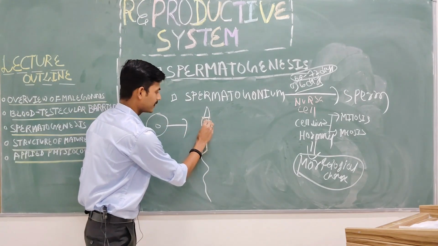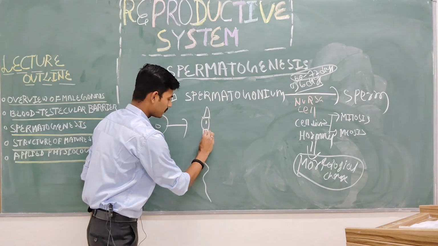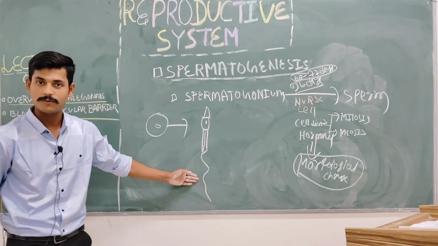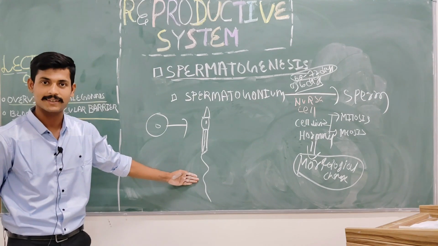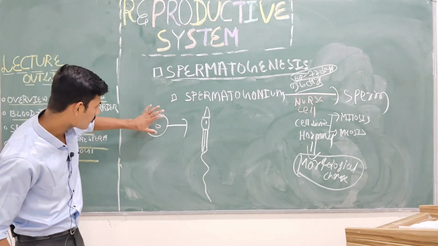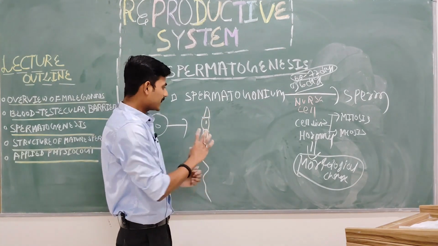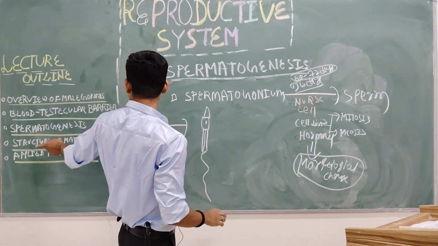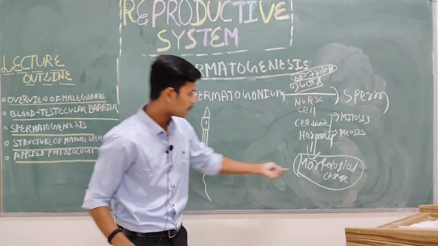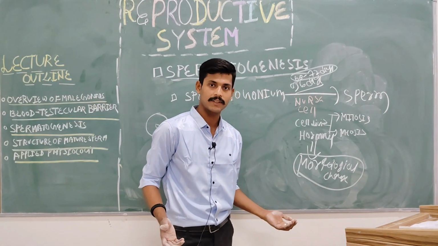What is this? This is your beautiful sperm, your precious cell. So from this round cell there will be the formation of one well developed distinct structure that we refer to as a mature sperm. That's what morphological changes refers to.